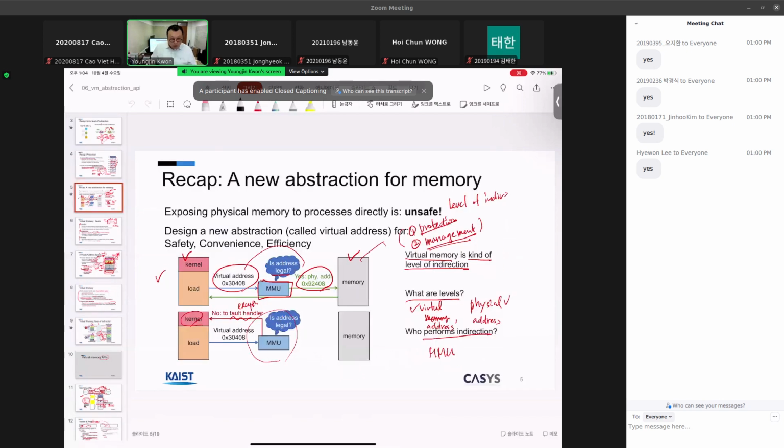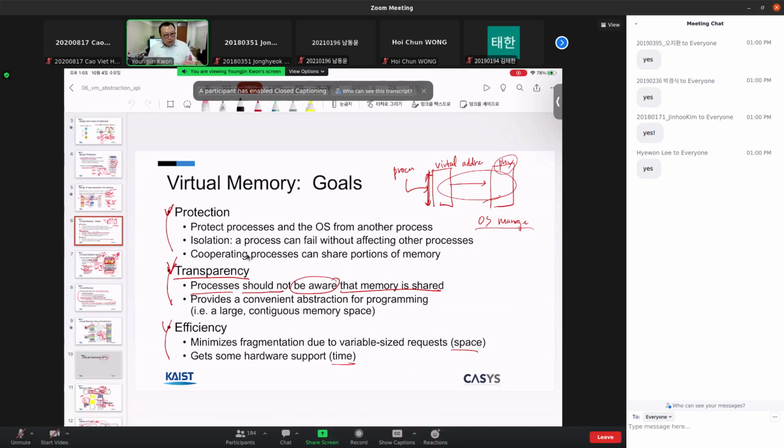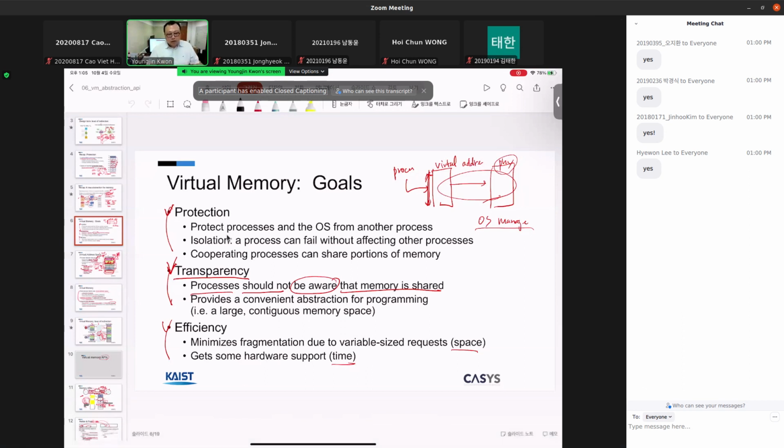We learned hardware-based protection: when the virtual address is legal, it is translated to physical memory by hardware. Otherwise, it raises an exception, a page fault exception. Therefore we looked over important virtual memory design goals: protection, transparency, where what happens underneath is not exposed to the application, and efficiency in terms of space and time.